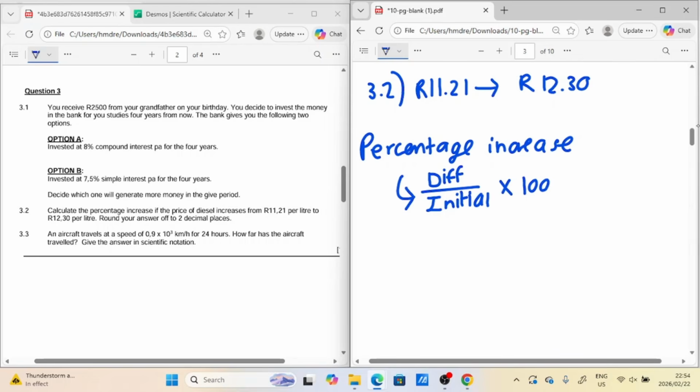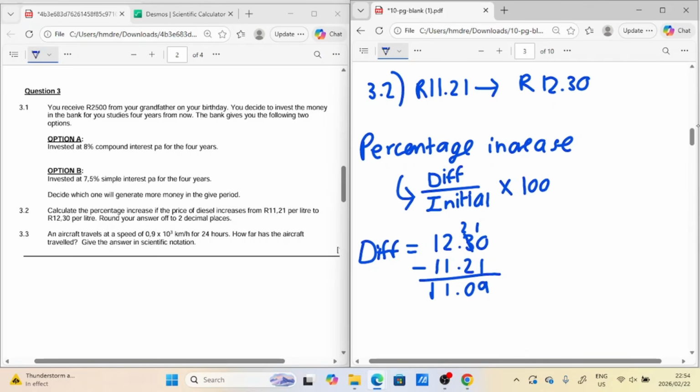Okay, so let's first of all work out the difference. The difference is 12 Rand 30 minus 11.21. 10 take away 1 is 9, 2 take away 2 is 0, 2 take away 1 is 1, 1 take away 1 is 0.